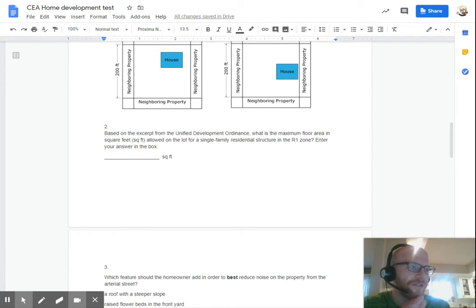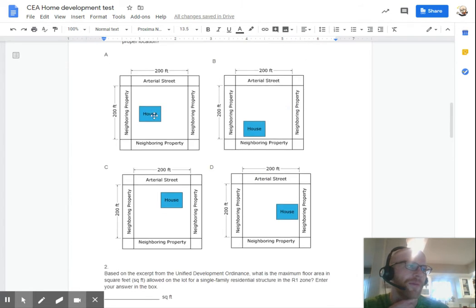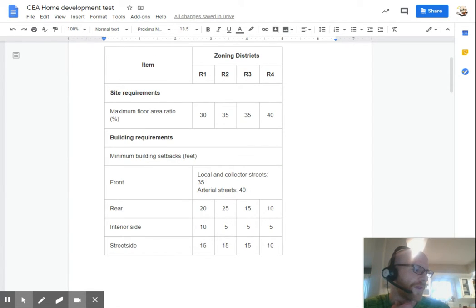Question 2 says, based on the excerpt from the Unified Development Ordinance, what is the maximum floor area in square feet allowed on the lot for a single-family residential structure in the R1 zone? Enter your answer in the box. If you look at the property, we have a 200 by 200 foot property here. When you multiply that together, it's 40,000 feet.